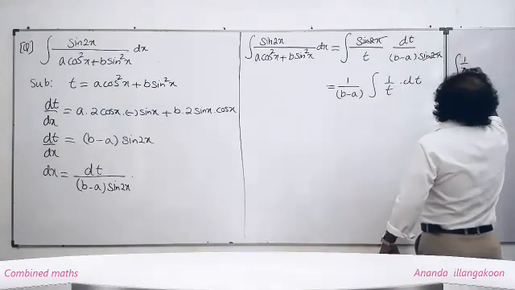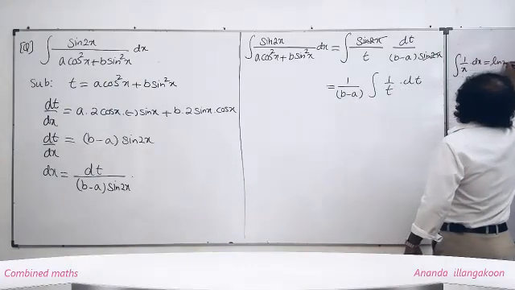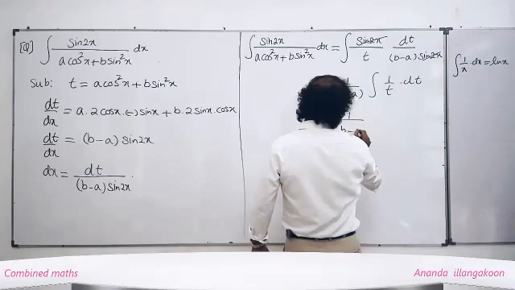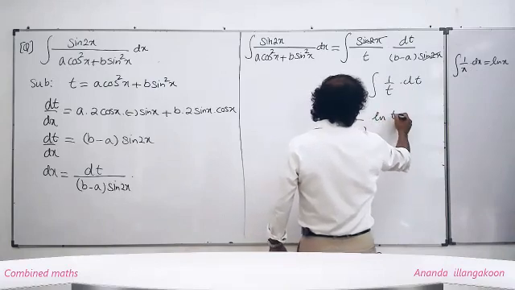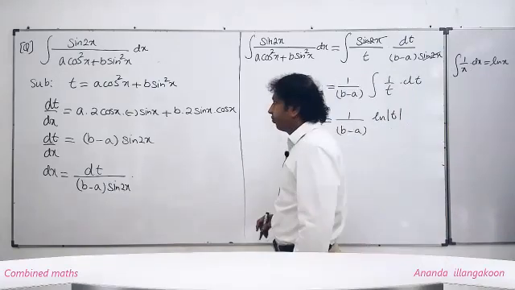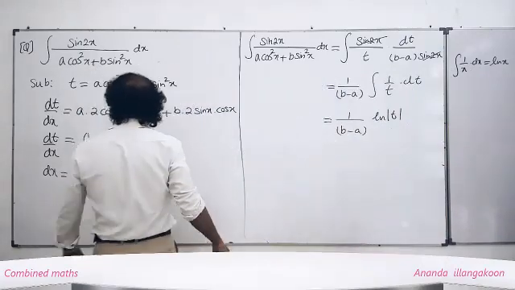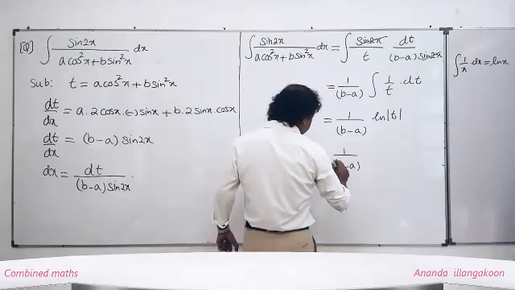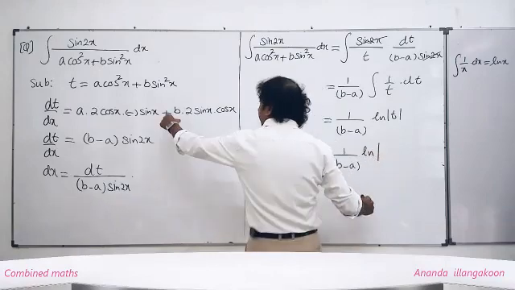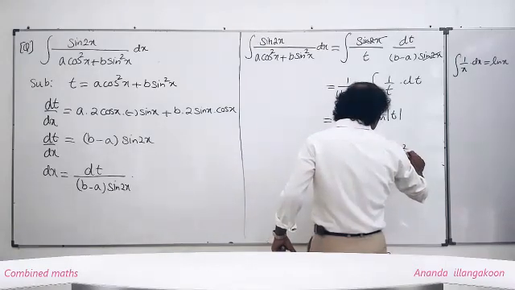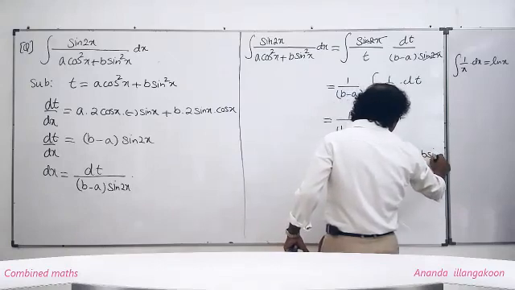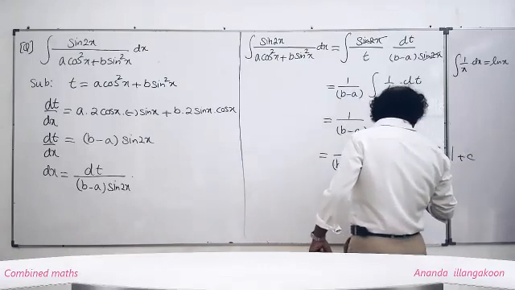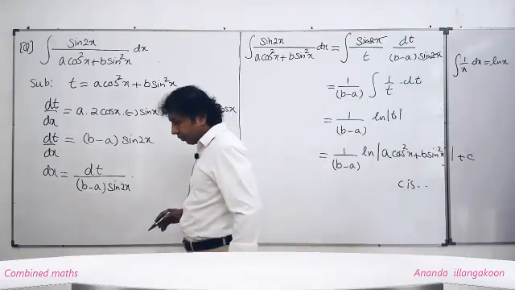The integral of 1 upon x is ln x, so this is ln t. Substitute for t: a cos squared x plus b sin square x, plus c. c is any constant. Like that, we can solve this by using this substitution.